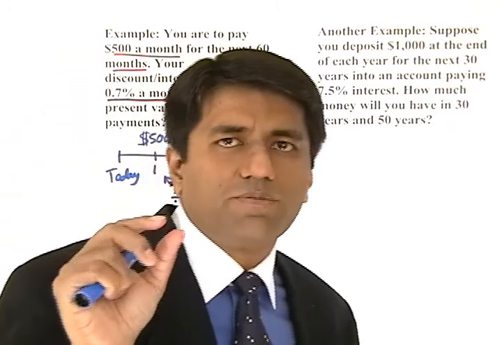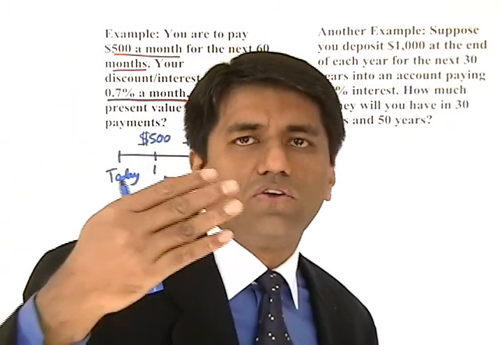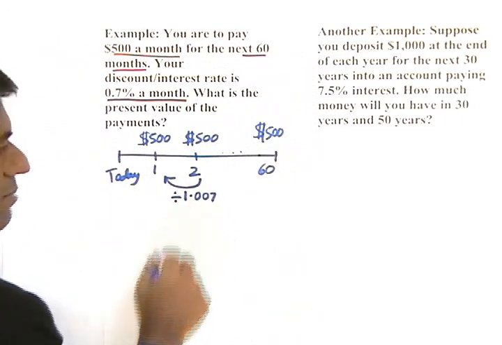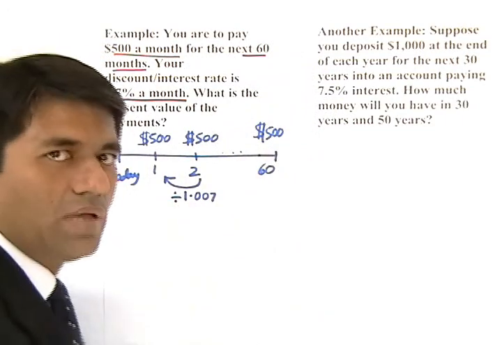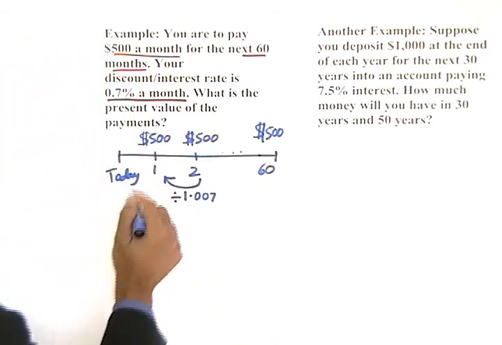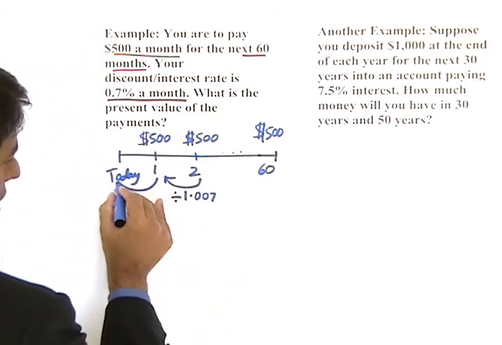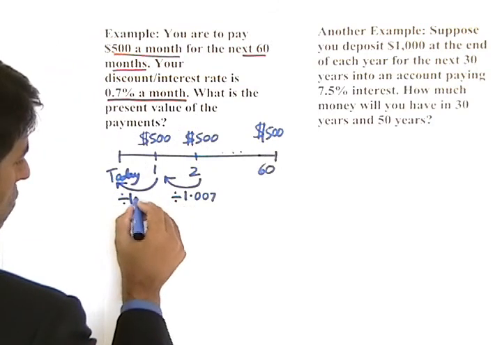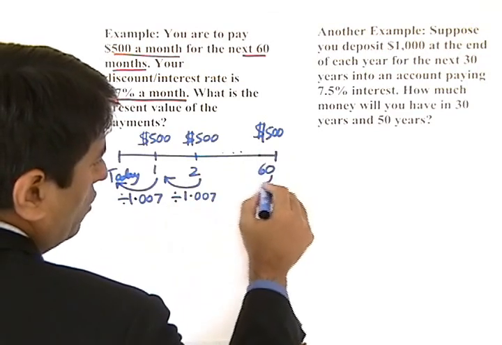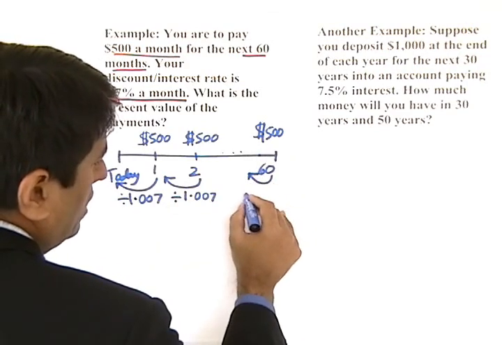The word percent means per 100. So you divide the percentage by 100 to get the number. And the 1 is for 1 plus r. And from here to here again you divide by 1.007. When you, from the 60th month, want to come back a period, you divide by 1.007.